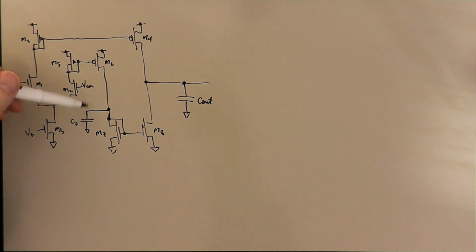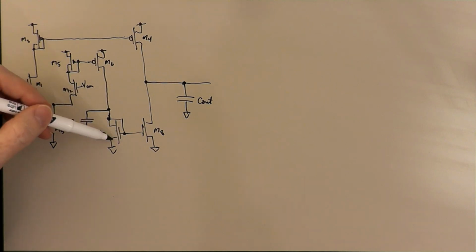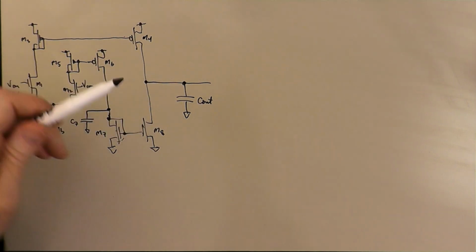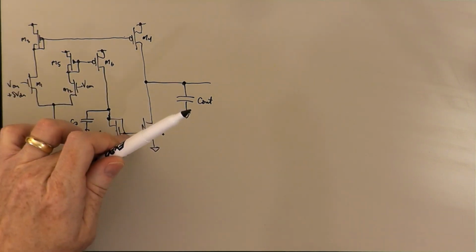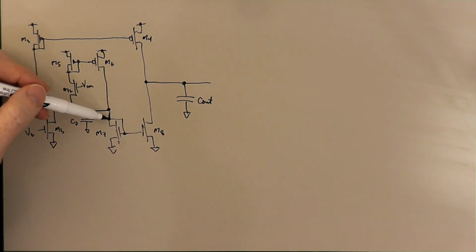This would model basically the gate to bulk capacitance of transistor M7, the gate to bulk capacitance of transistor M8, the capacitance seen looking into the gate. It would model the drain to bulk capacitance, which is the effective capacitance of the drain to body diode on M7.